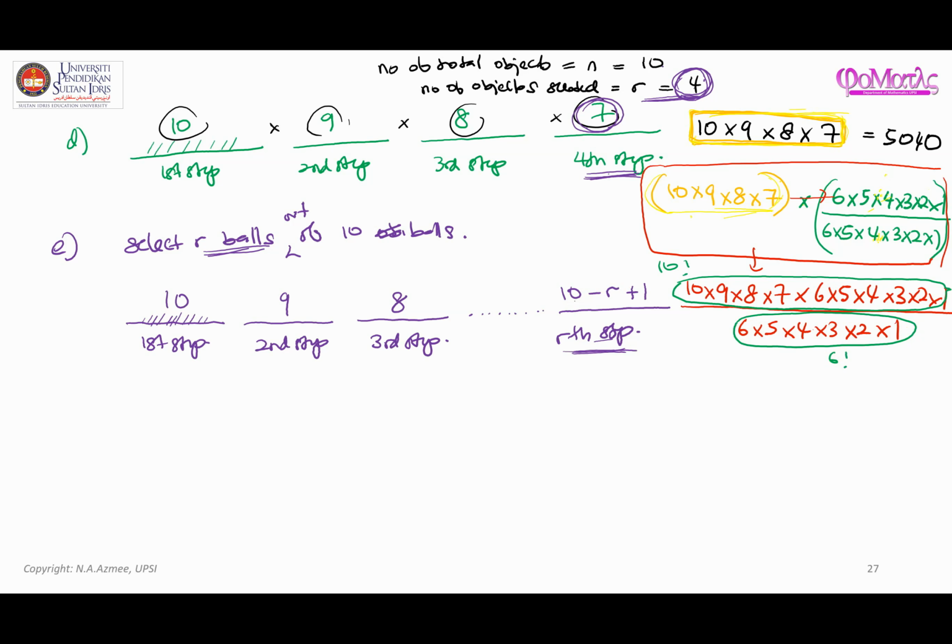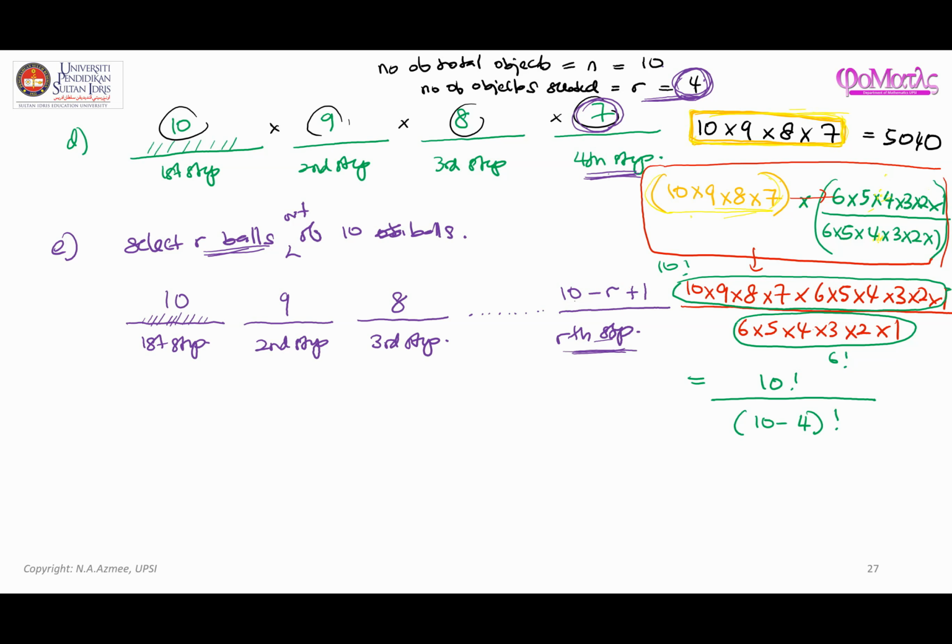Okay, and I can further write down, this becomes 10 factorial over 10 minus 4 factorial.